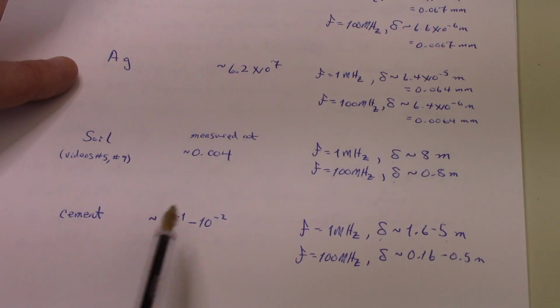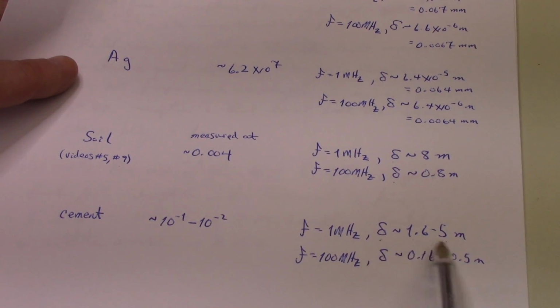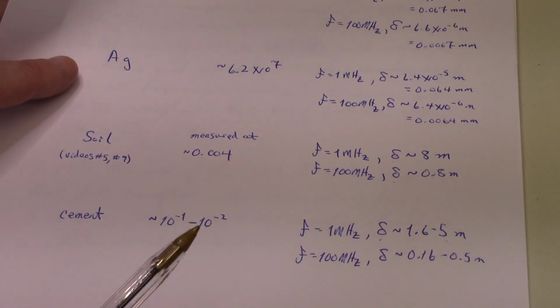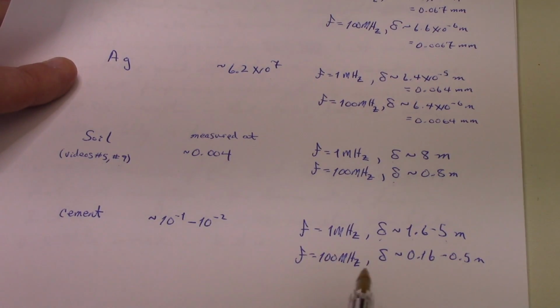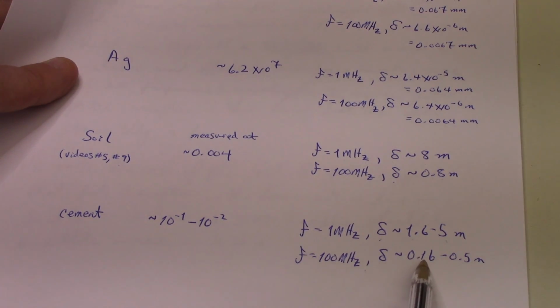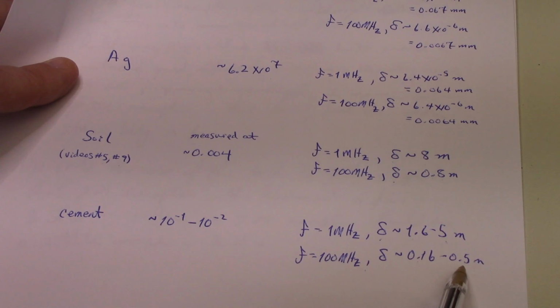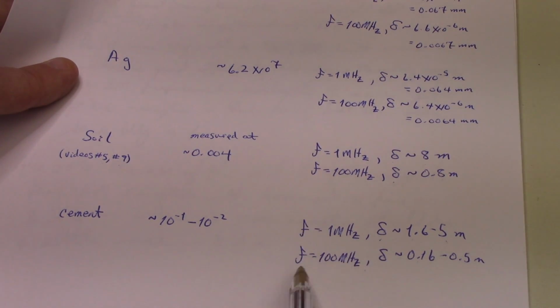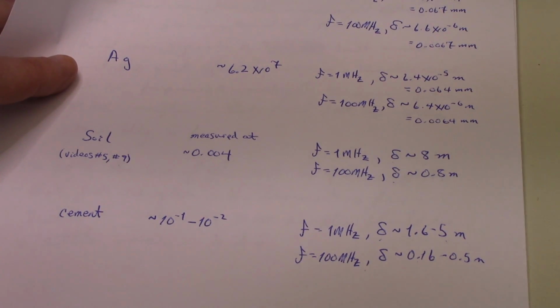So AM broadcast band frequencies should go through cement, a lot of cement, without being attenuated too much. In the case of FM, that skin depth is much smaller, of course. That's 16 centimeters to 50 centimeters, half a meter. So cement will attenuate FM much more effectively than it will AM.